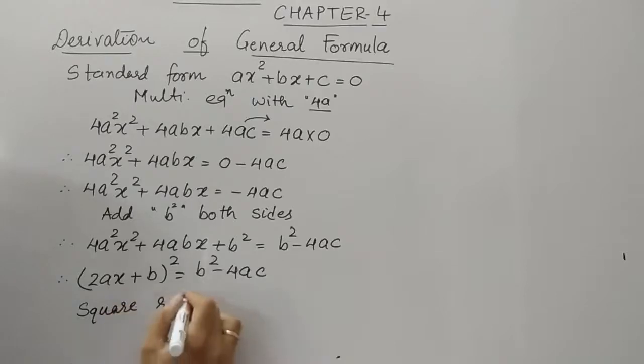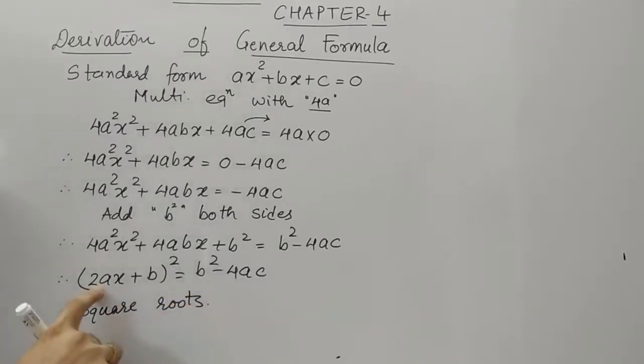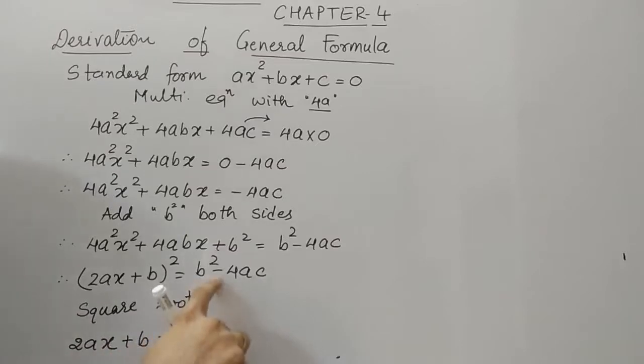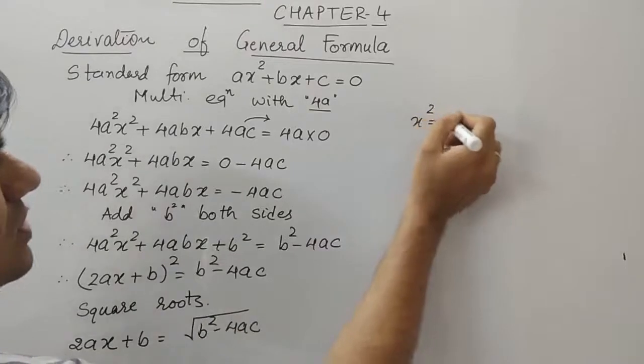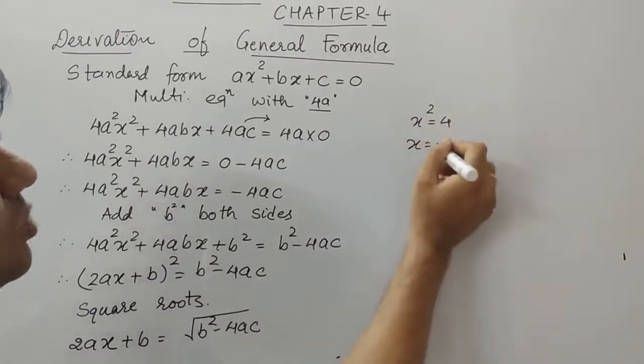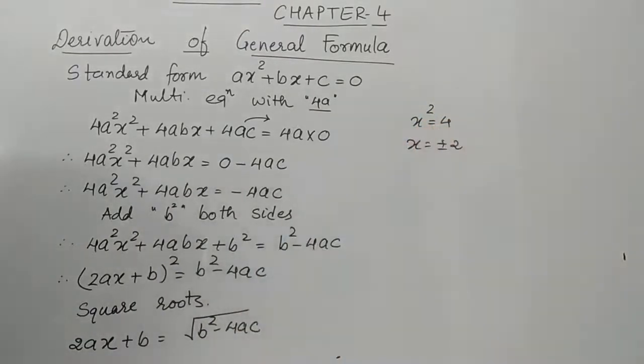When I do the square root, the square will be removed. So here I'll obtain 2ax plus b, and on the other side it will be the square root of b square minus 4ac. But remember, students, suppose x square is equal to 4. When I do the square root, we obtain two different values, plus or minus.